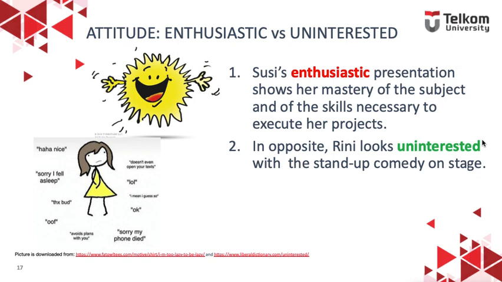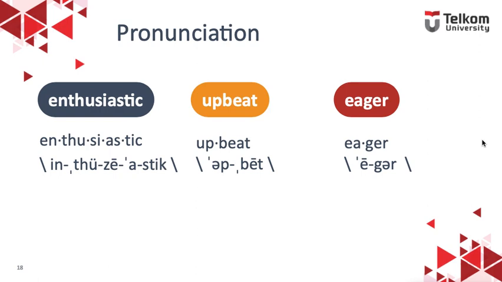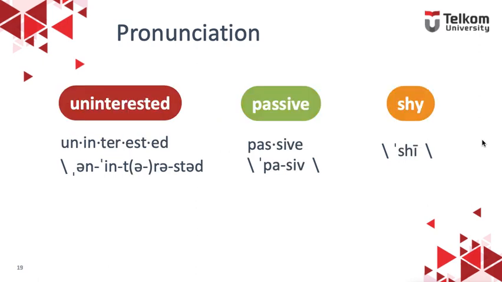While number 2, as an example, in opposite, Rini looks uninterested with the stand-up comedy on stage. Which one is your characteristic, enthusiastic or uninterested? This is how to pronounce it: enthusiastic, upbeat, eager; uninterested, passive, shy. Please try to pronounce this at home, okay, students?